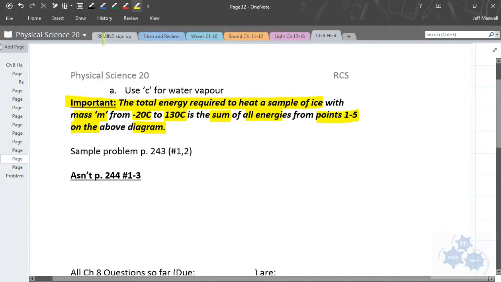So it's the sum. Really important. So you find the energy at each stage, 1 through 5, and then you add them all up. Okay? And we're going to do a sample problem here right now, just to show you how that's done.